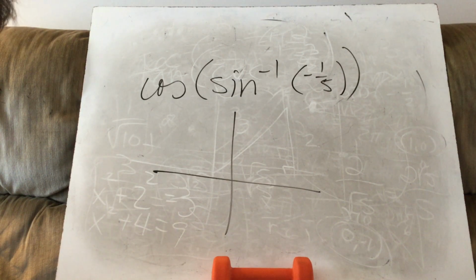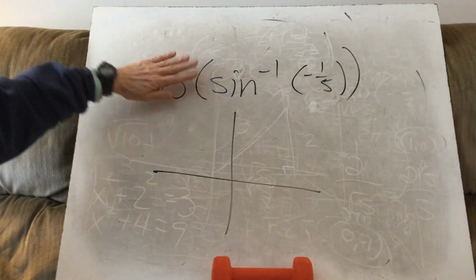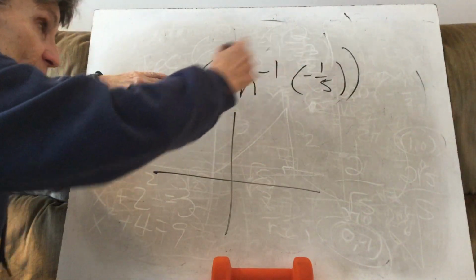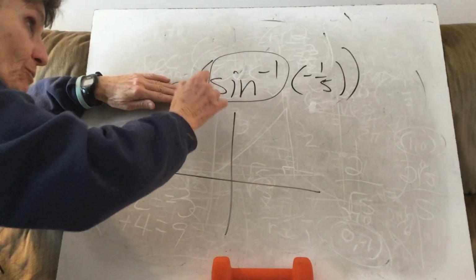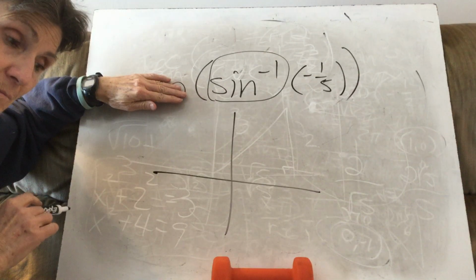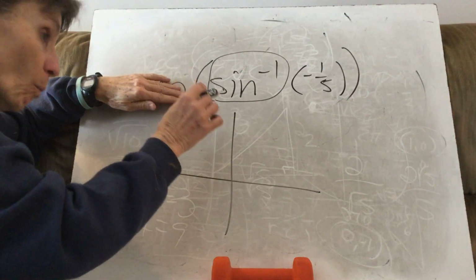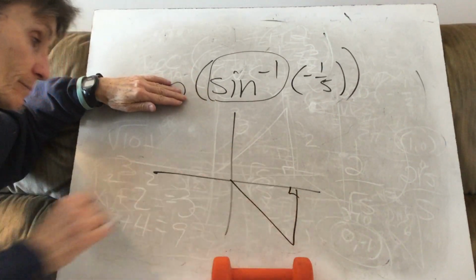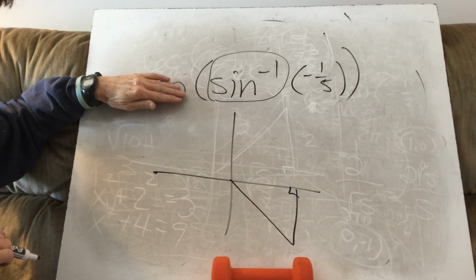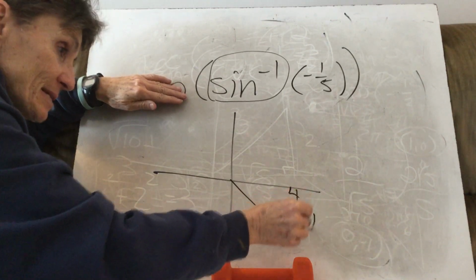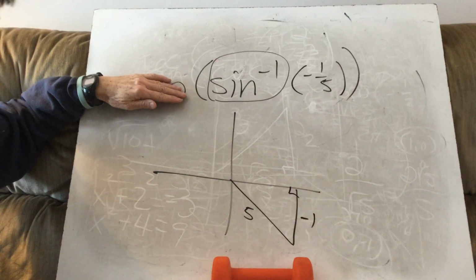So look at your pink sheet. Remember, we're only looking at the parentheses right now. Where do these get drawn? Quadrant 4. Yep, if it's not 1, it's 4. And the opposite is -1, and the hypotenuse is 5.